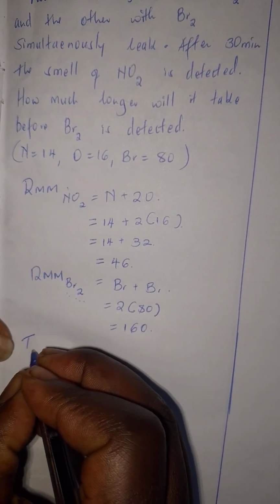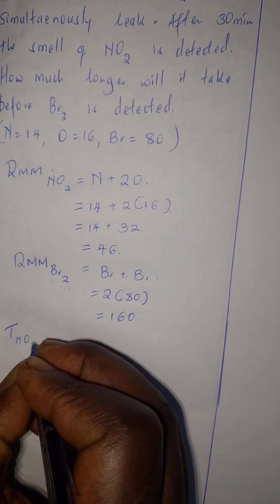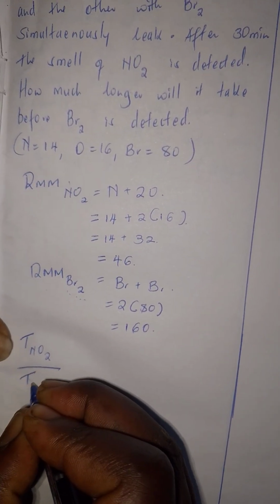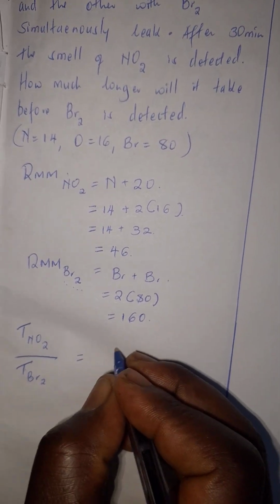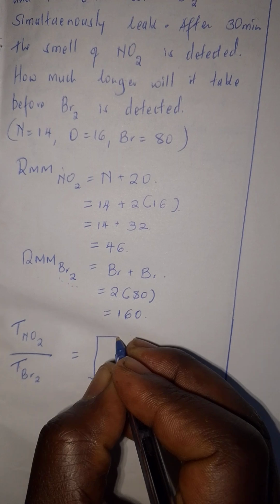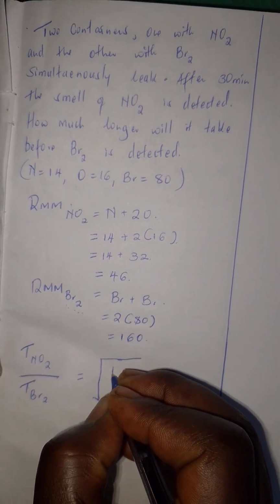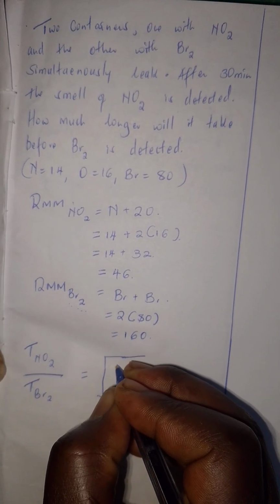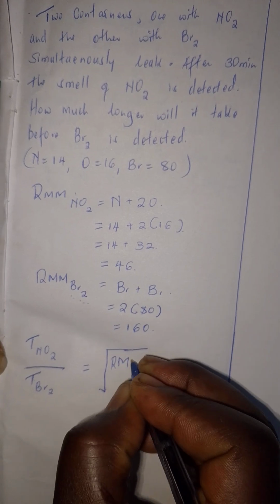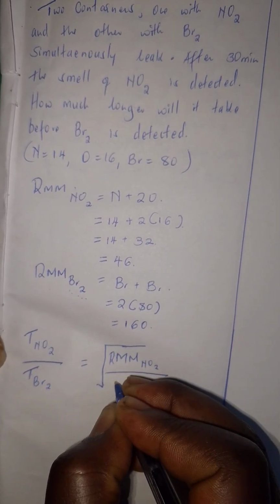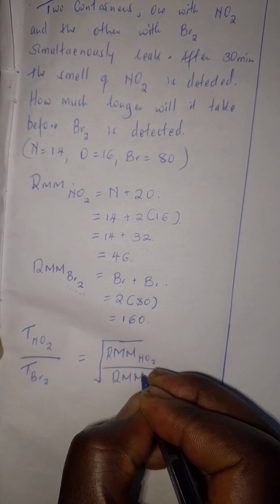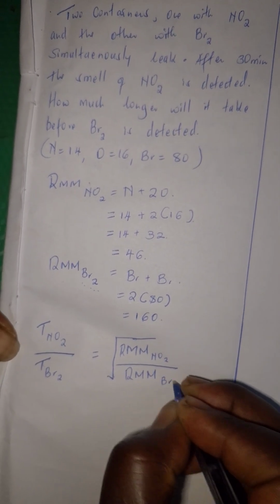where the time of diffusion of nitrogen dioxide to the time of diffusion of bromine gas should give us the square root of the densities or the relative molecular mass, RMM, of nitrogen dioxide to the relative molecular mass of bromine.